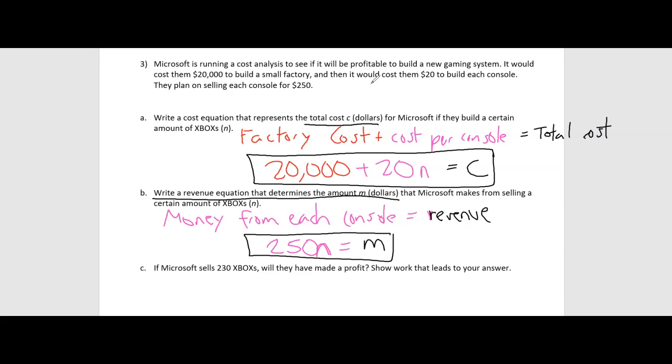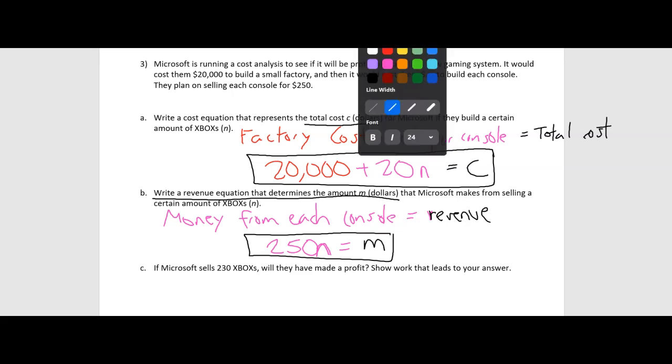And part C says, if Microsoft sells 230 Xboxes, will they have made a profit? Show work that leads to your answer. Well, profit is when revenue is greater than your cost. So if the amount they make from selling the Xboxes is greater than the amount it takes them to produce the Xboxes, which is their cost, then they will have made a profit. So let's see.